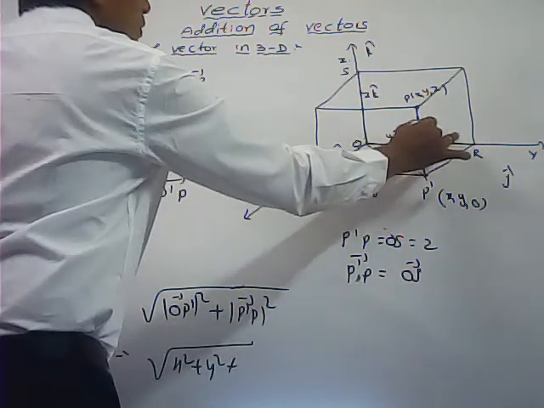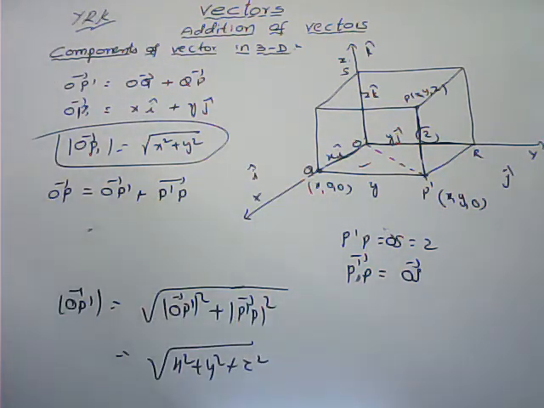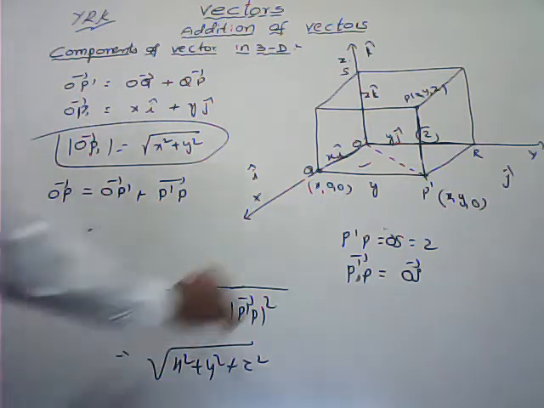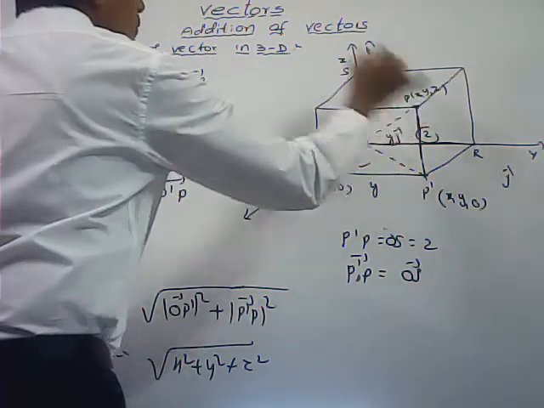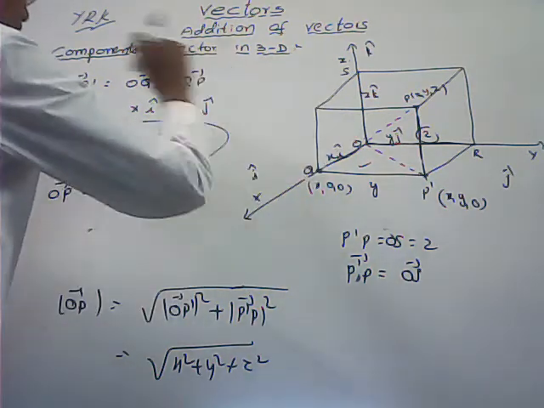That is z only. So z square we can write. That is the modulus of OP bar. Here P be any point in the space. What are the coordinates of P here? X, Y, Z. Then its modulus OP bar is equal to root of x square plus y square plus z square.